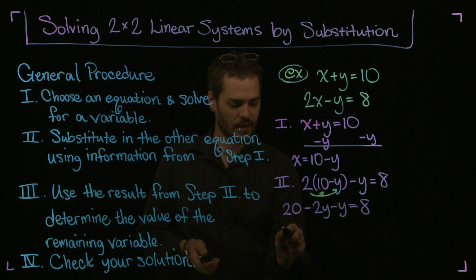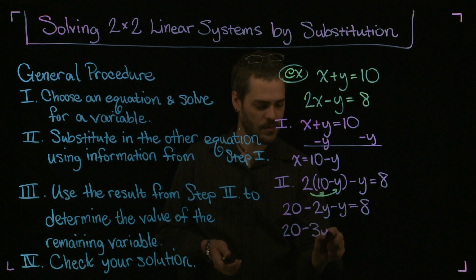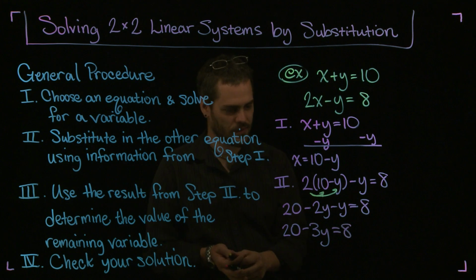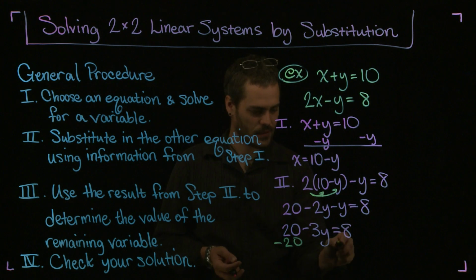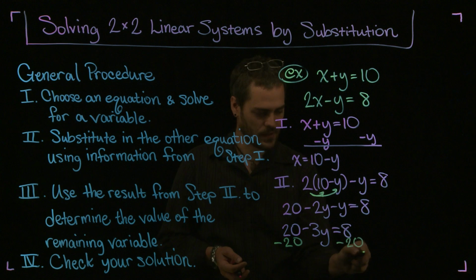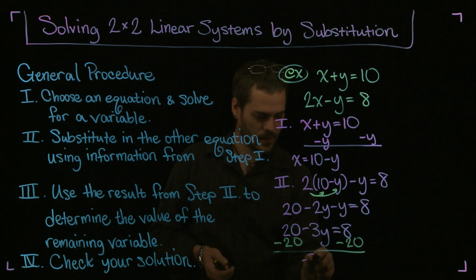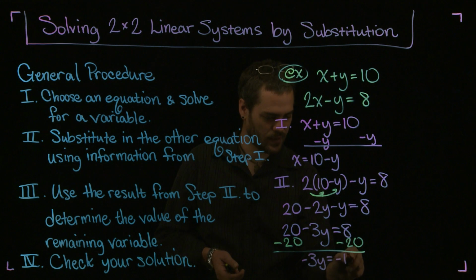This gives me 20 minus 3y is equal to 8. Let's subtract the 20 from both sides. Minus 20 here, minus 20 here. And that gives me negative 3y is equal to negative 12.